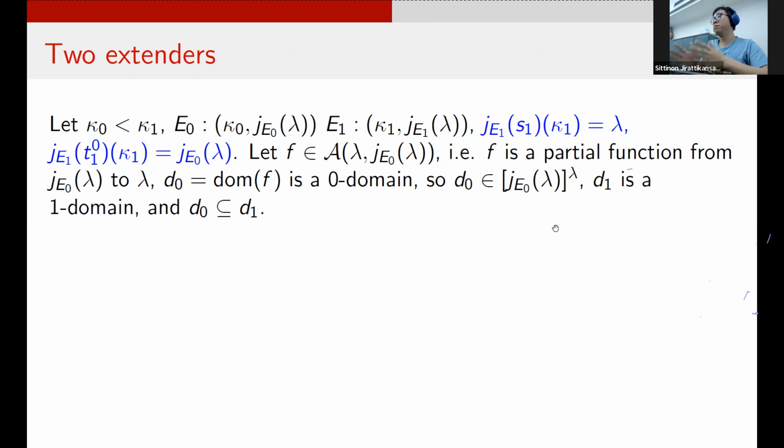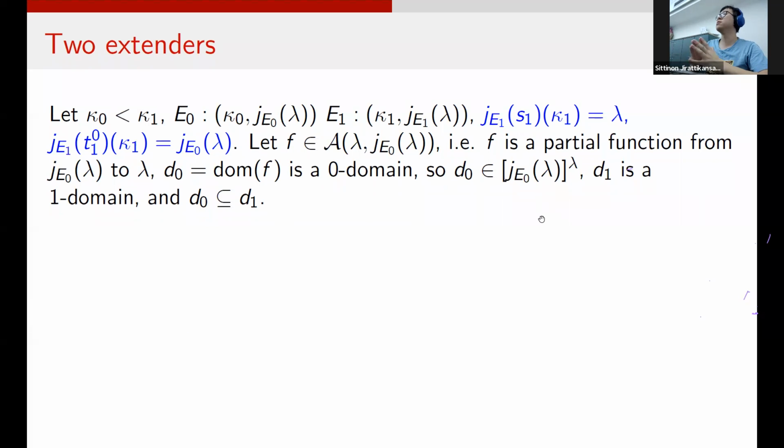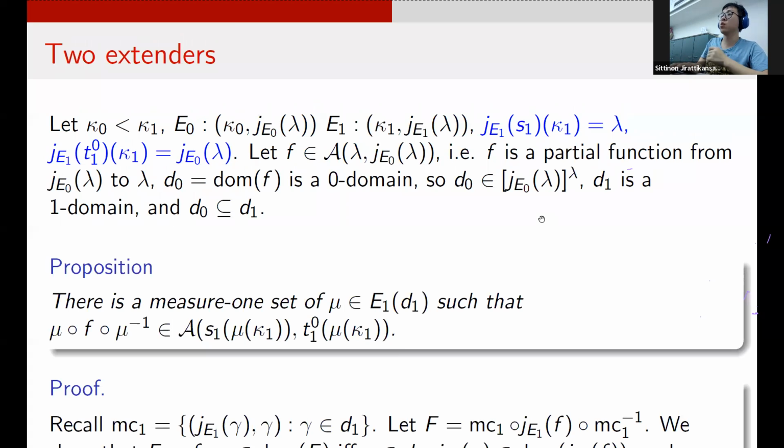So f and mu with respect to kappa 0, they are kind of homogeneous in some sense. But anyway, f is a coherent function. The domain of f is going to be a domain with respect to kappa 0, which I'll call the 0 domain. D1 is a 1 domain, and D0 is a subset of D1.